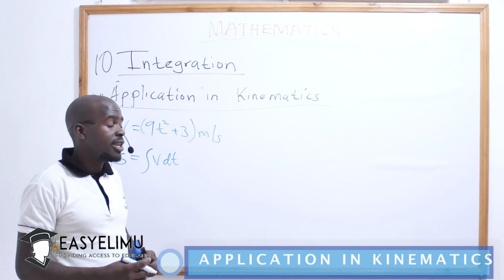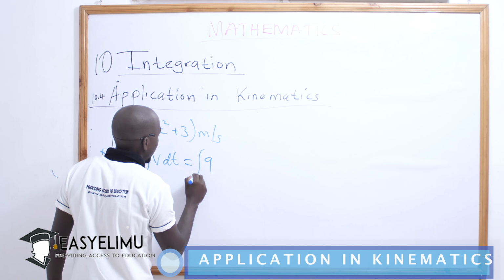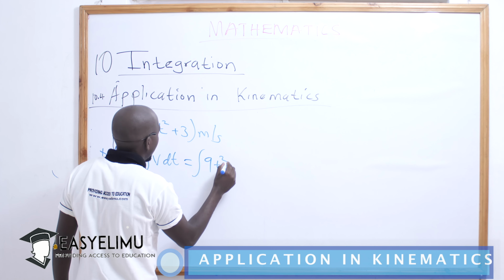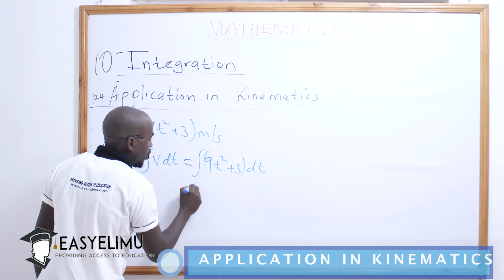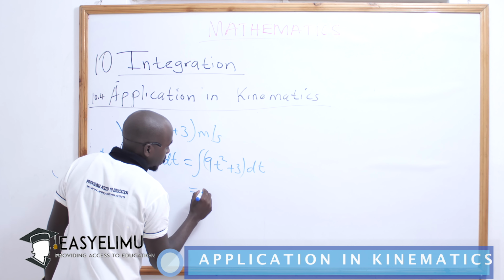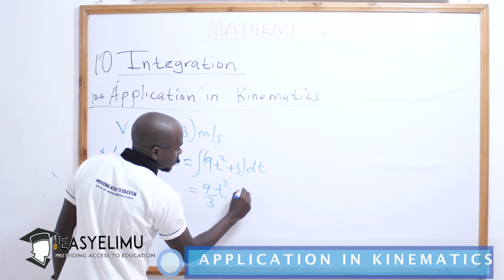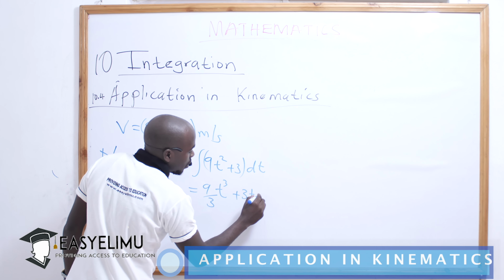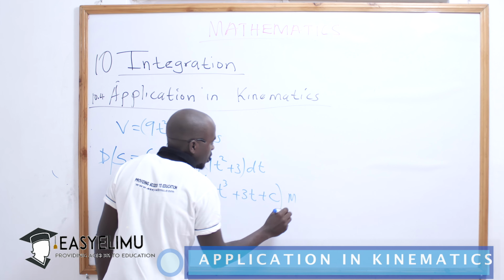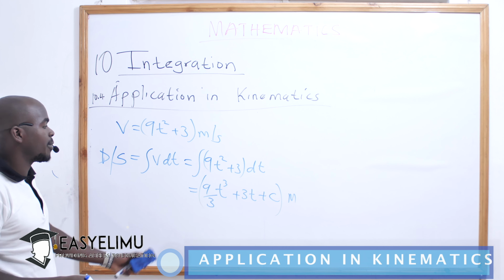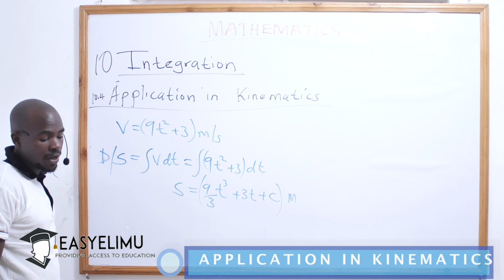So we integrate 9t squared plus 3 with respect to t. On integration, we get 9 over 3 t cubed plus 3t plus c. And this will give us meters because we are integrating with respect to t. So our s or distance is equivalent to that.